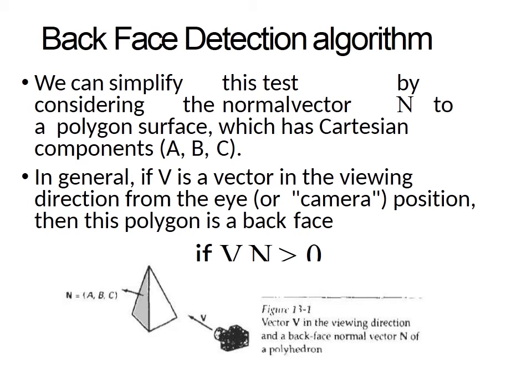If it does, discard it for the current frame and move on to the next one. Each surface has a normal vector. If the normal vector is pointing in the direction of the center of projection, then it is a front face and can be seen by the viewer. If the normal vector is pointing away from the center of projection, then it is a back face and cannot be seen by the viewer.